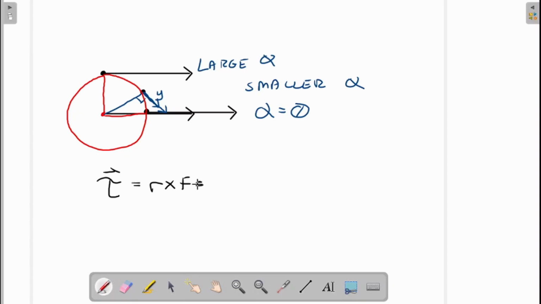That's calculus, and this is an algebra-based class. So instead, we refer to the r perpendicular to the force, or we use the shorthand r F sine theta. Of course, the angle here is the angle between the direction of rotation and the force.